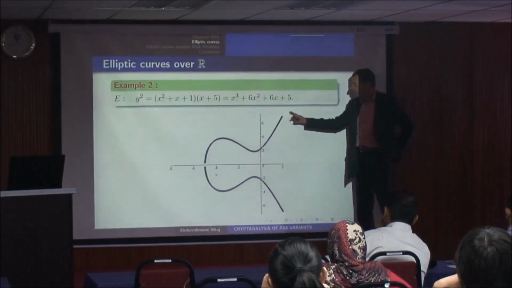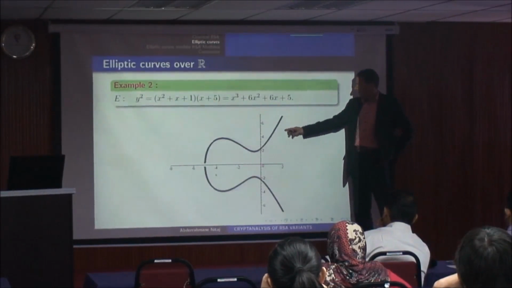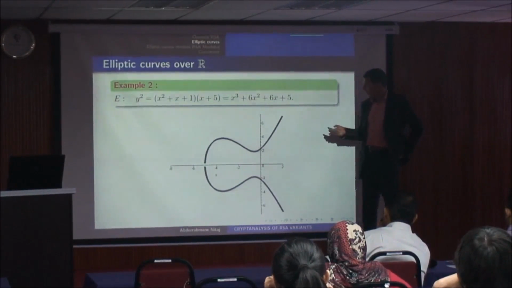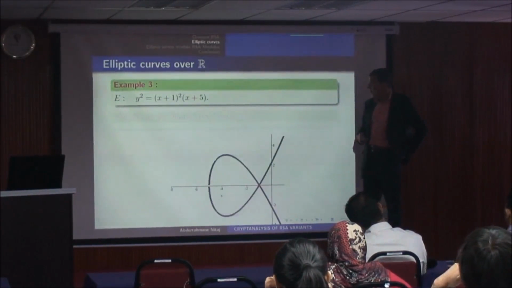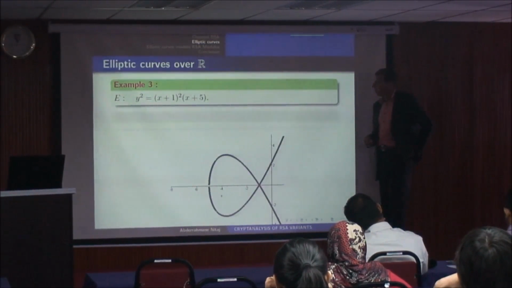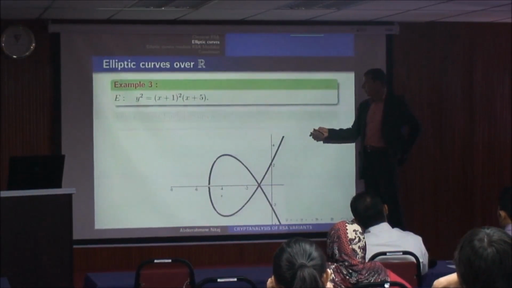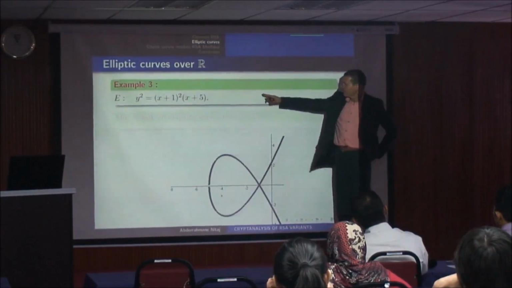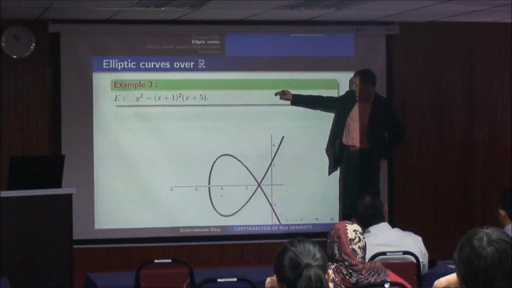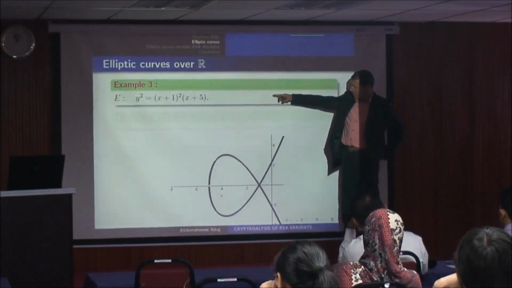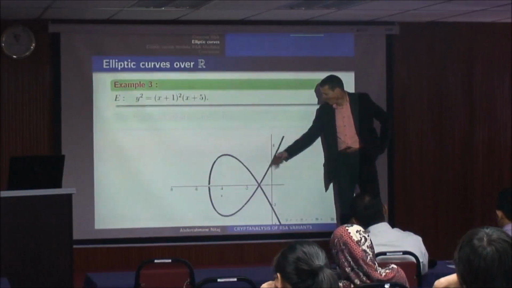Mainly this one, we can find that the curve is like this, and also in this example, when we draw this equation, we can find that the curve is like this.